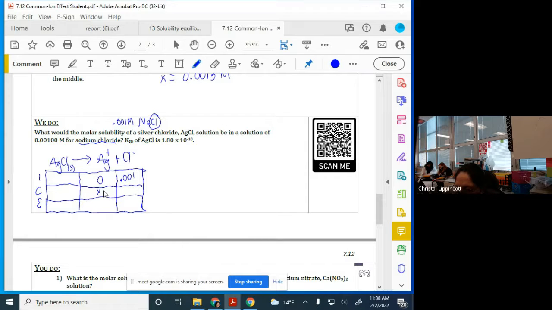I'm going to add X here. I'm going to add X here. So this is going to be X and 0.001 plus X. So my Ksp then is 1.8 times 10 to the negative 10 equals X times 0.001 plus X. And so then you just solve for X.